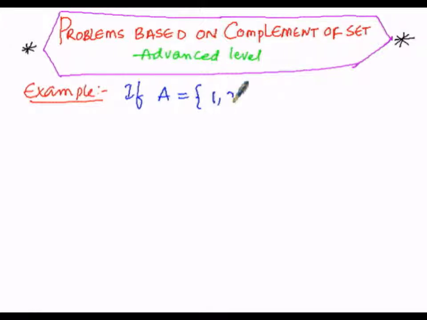So here 1, 3, 5, 7, 9, 11. These are the odd numbers which are less than 13, or less than or equal to 11.